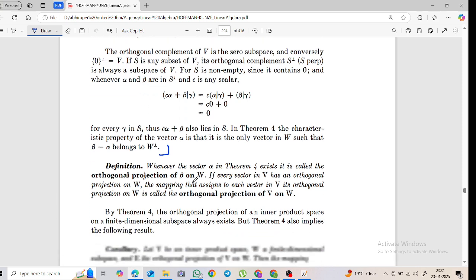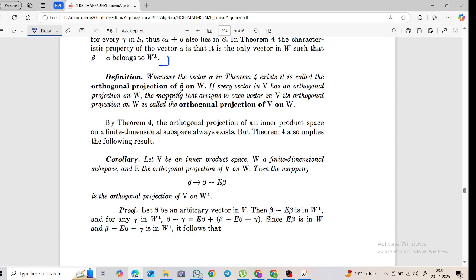Okay. So this best approximation alpha is called the orthogonal projection of beta on W. Then if every vector V has an orthogonal projection on W, the mapping that assigns each vector V its orthogonal projection on W, we call that the orthogonal projection of V on W. I mean, that is from V to W, a linear map sending small v to the best approximation of v on W. Okay, that's the mapping.